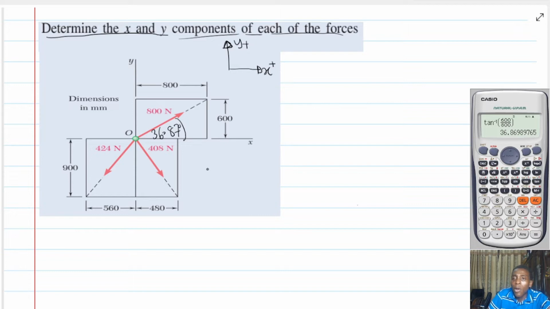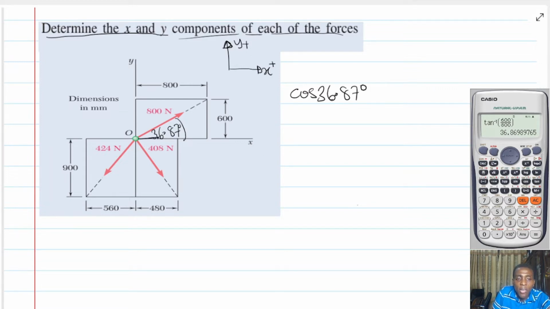All right. So now we will find the x component and the y component. Okay, so for the x component, I'm going to use cos theta. All right. So what is cos theta? Or in other words, cos 36.87, since we know the angle now.